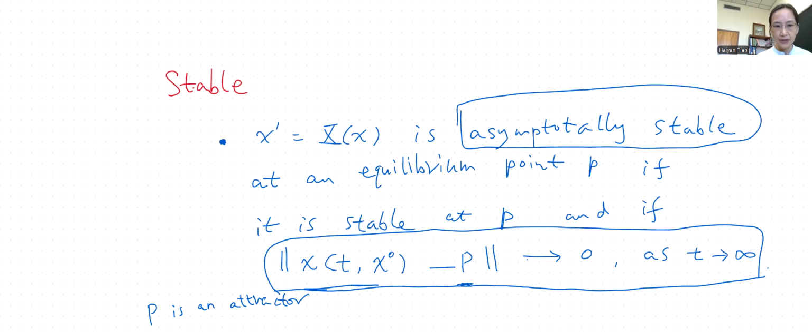There's another case. So when it's stable, if it's not asymptotically stable, then it is neutrally stable. So there's another possibility. So still under the category of stable, but not asymptotically stable. So it's called neutrally stable.